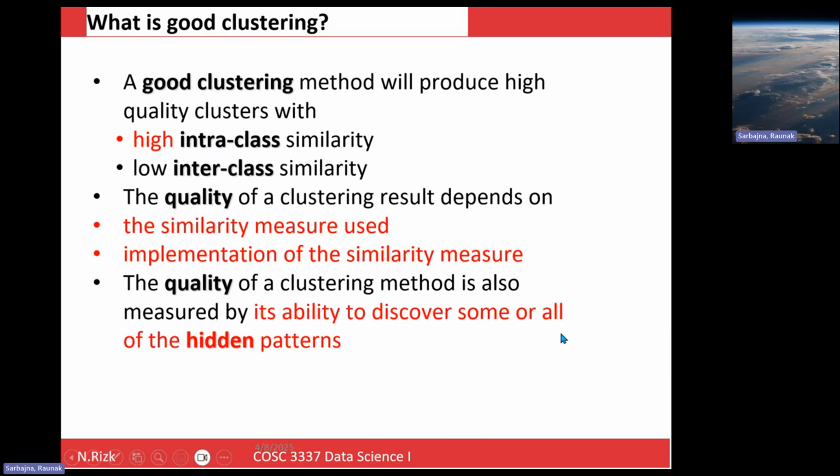A good clustering requires very high inter-class similarity and very low inter-class similarity. And the quality of the clustering result that we're talking about depends upon which similarity measure you have used, how you have used that particular similarity measure, and whether, using all of these indices and all these statistics, you are able to find any deeper truths from the data.